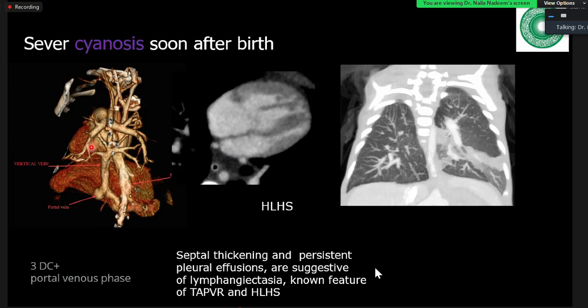That is why he has developed pulmonary edema. The left side of the heart is hypoplastic, and these patients are known to have multiple episodes of pleural effusion and reticular thickening, and this is the worst kind of lymphangiectasia.